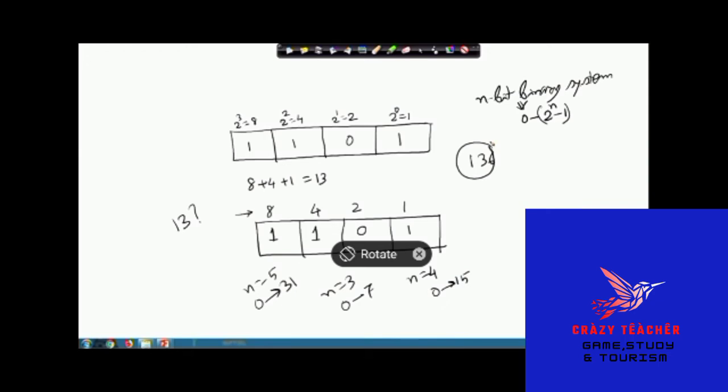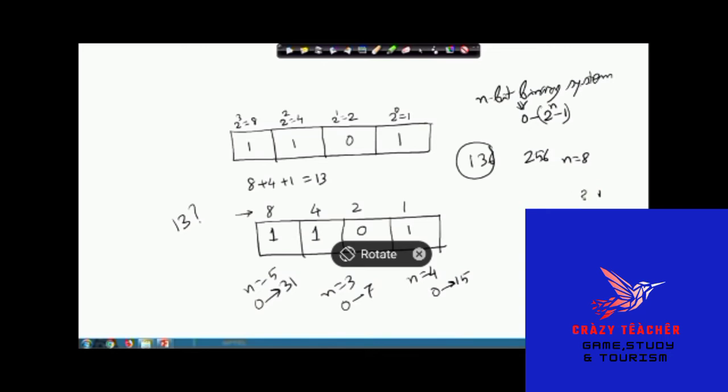This is 2 to the power 2, equal to 4, and this is 2 to the power 3, equal to 8. Any number that you are representing will be the sum of the values of these 8, 4, 2 and 1. So if I take the number 1, 1, 0, 1, the number is 8 plus 4 plus 1, so that is 13.